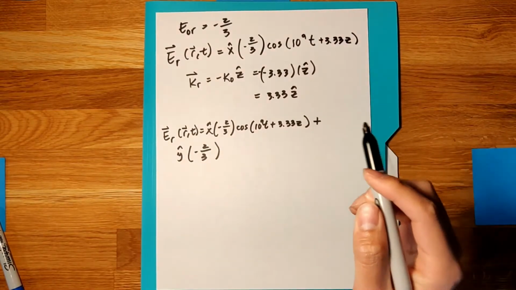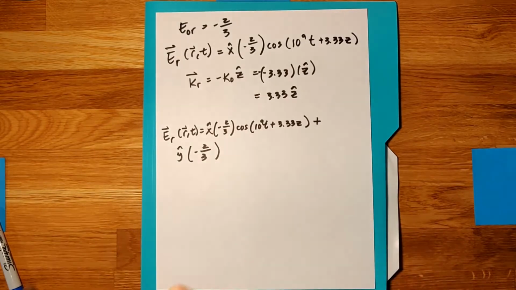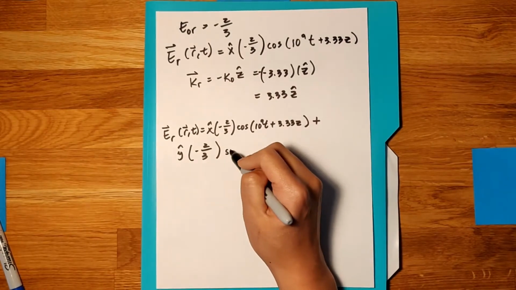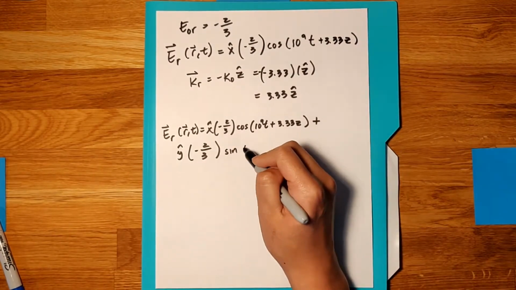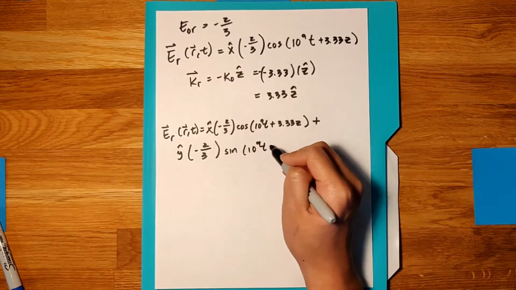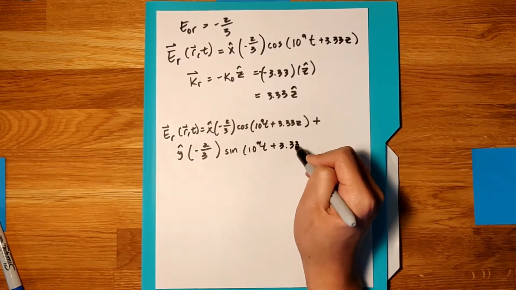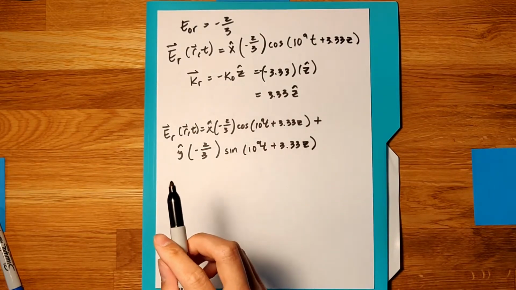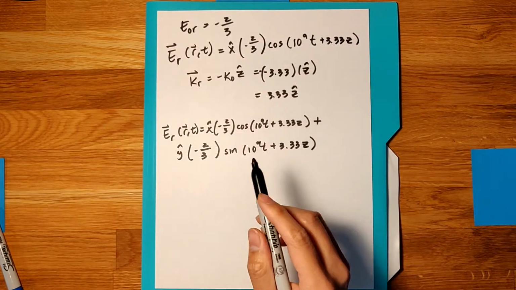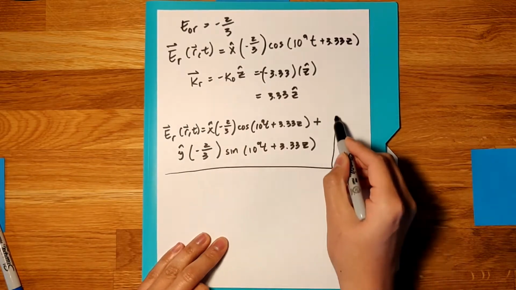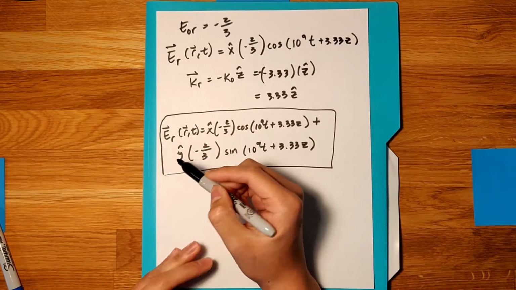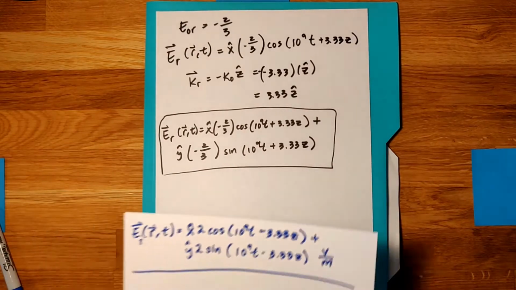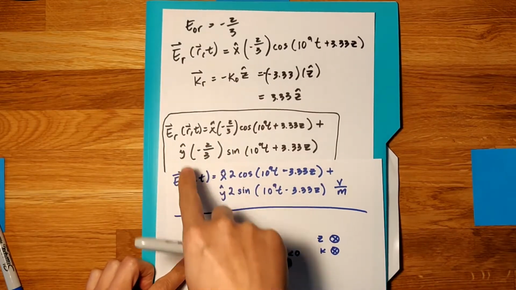We can just copy what we had before, but this time we just have to change the magnitude again, and sine, and everything else will be the same on the inside, and 10 to the 9th t plus 3.33 z. And this would simply be our ER, a reflected electromagnetic wave. So we found the ER and EI.